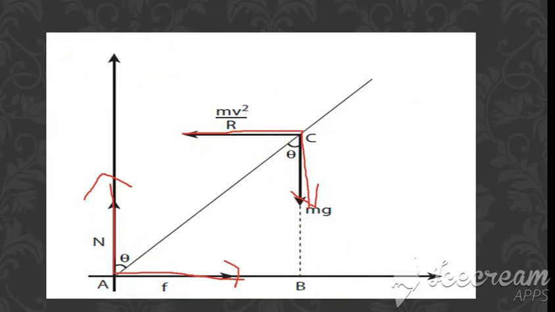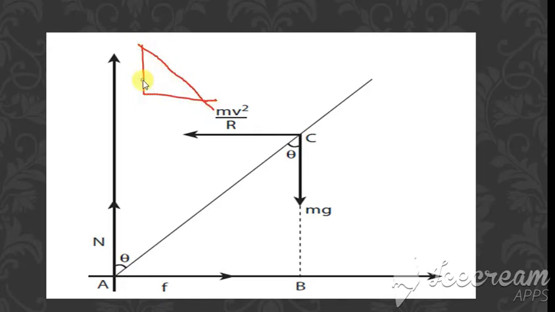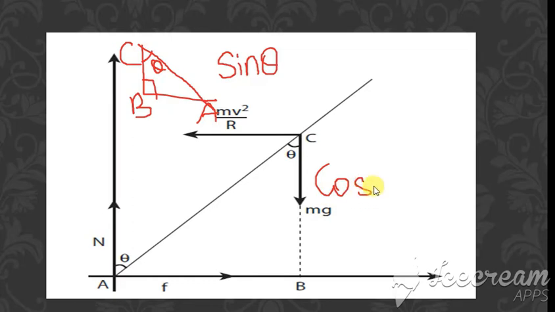From the same diagram, consider a right angle triangle, right angled at B, with points A and C and the angle theta. From this we find sine and cos theta. The formula for sine theta is opposite divided by hypotenuse, so sine theta is AB divided by AC.